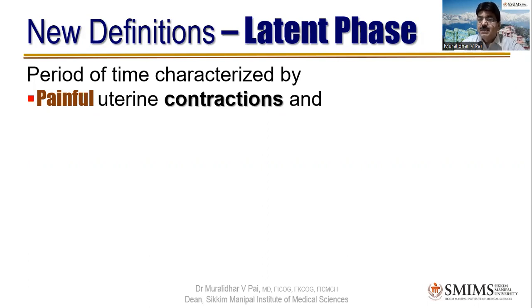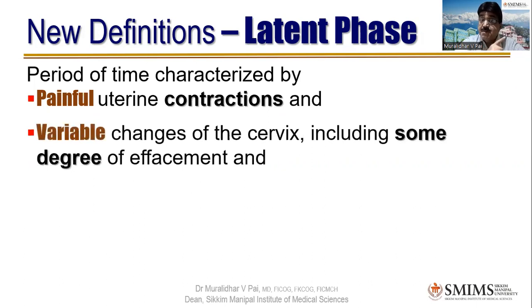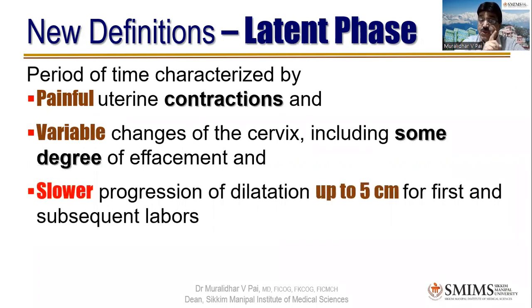These are also not regular, but they are painful uterine contractions and variable changes of the cervix, including some degree of effacement and slower progression of dilatation up to 5 centimeters for first as well as subsequent labors. So there is no difference between primi and multigravida as far as latent phase is concerned.